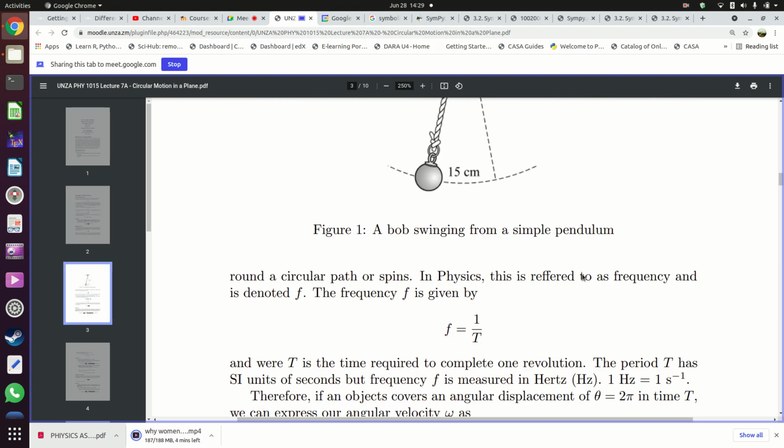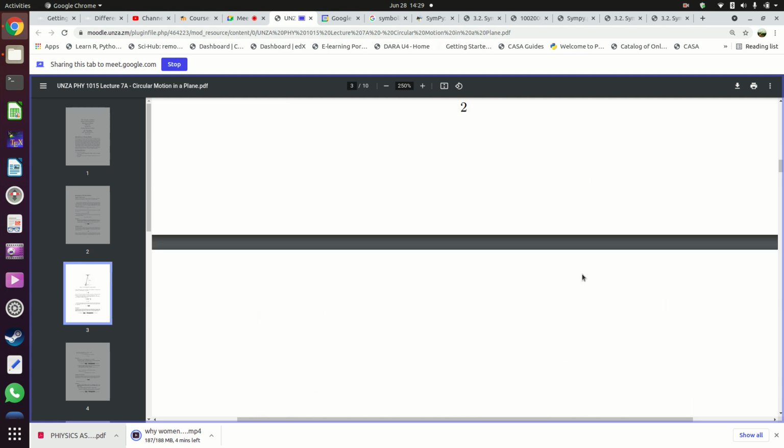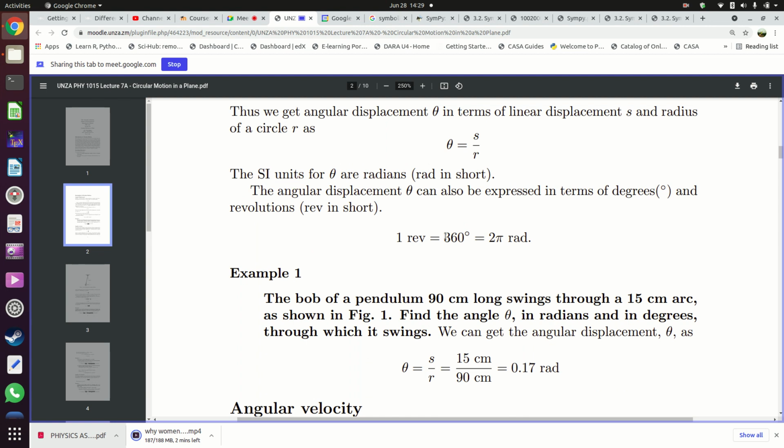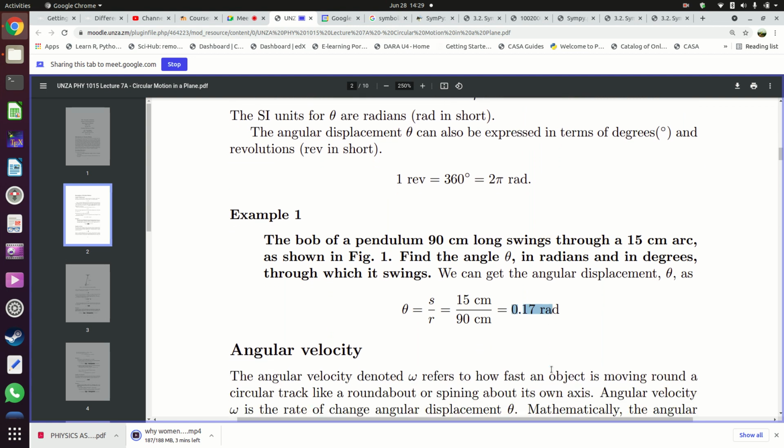These radians, of course, you can change them also into degrees using this relationship here. 360 degrees is equal to 2 pi radians. So this 0.17 radians, you can multiply it by 360 degrees divided by 2 pi radians, then you get whatever this much is in degrees.